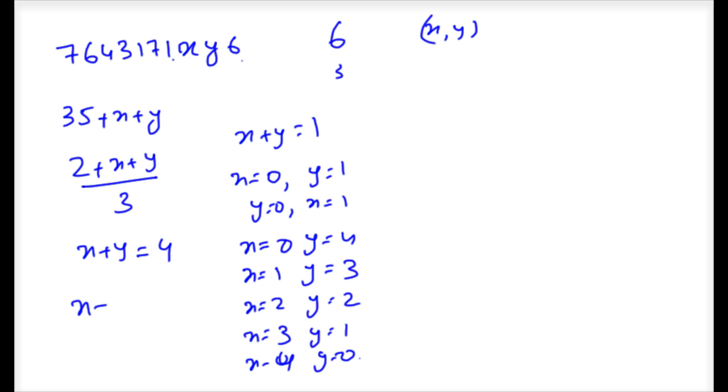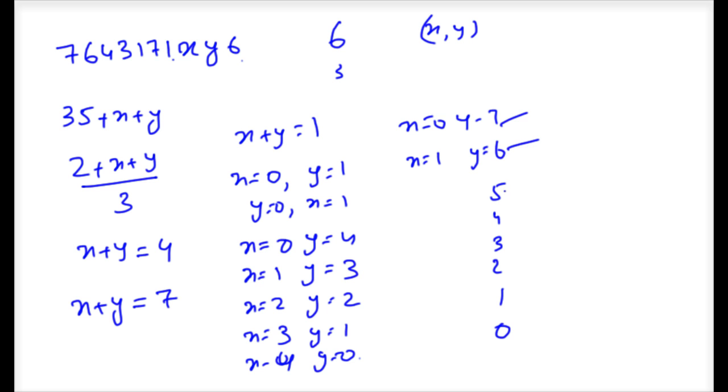And the other possibility is when x plus y is equal to 7. In this case x is equal to 0, y is equal to 7, then x is equal to 1, y is equal to 6, then 5, 4, 3, 2, 1, 0. So I'll have 1, 2, 3, 4, 5, 6, 7, 8.